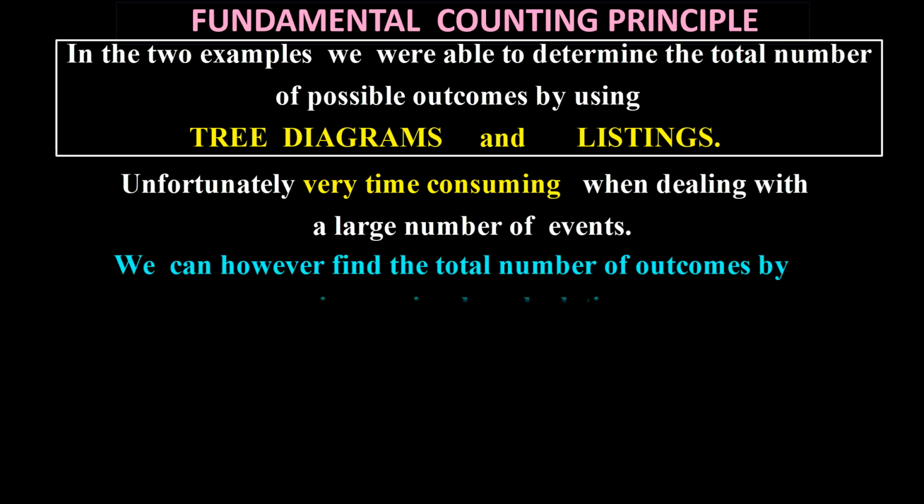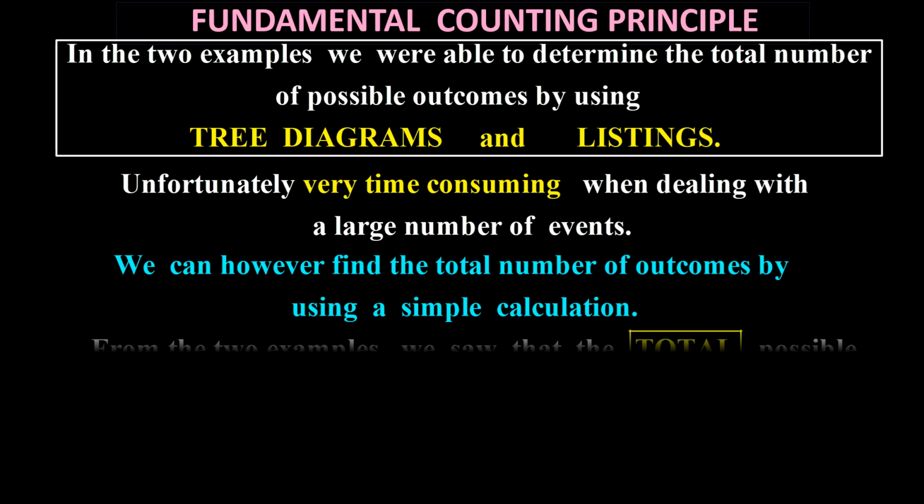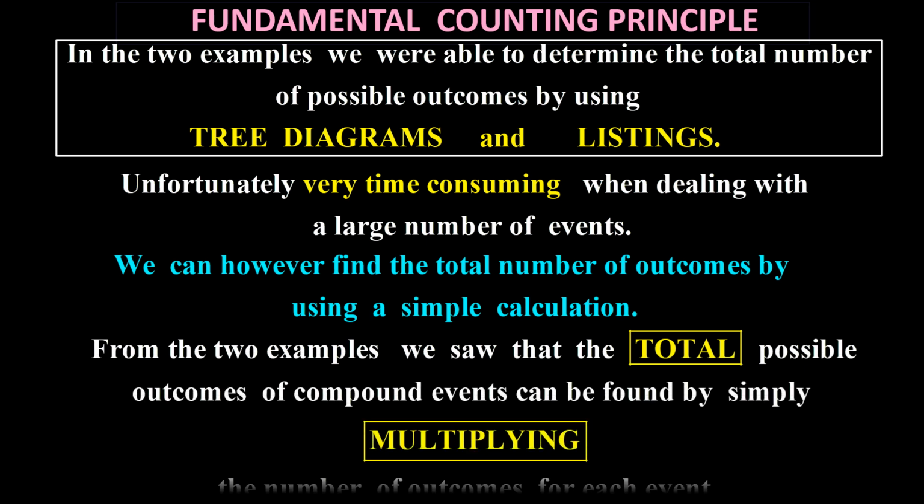But from these examples, we notice that we can find the total number of outcomes by doing a simple calculation. And what was that calculation? Yes, we just have to find the product of the number of outcomes for each event. Now let's go to the next slide and show that to you. Now we can actually deduce a rule that we can use there.